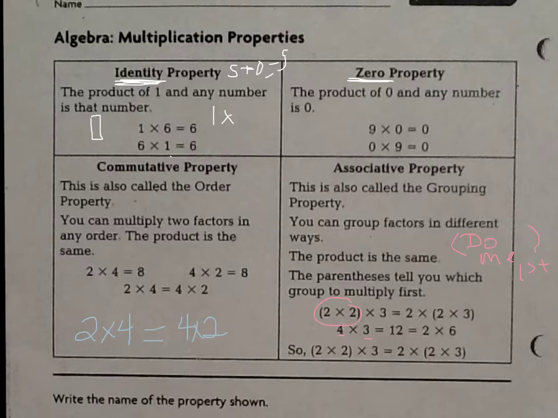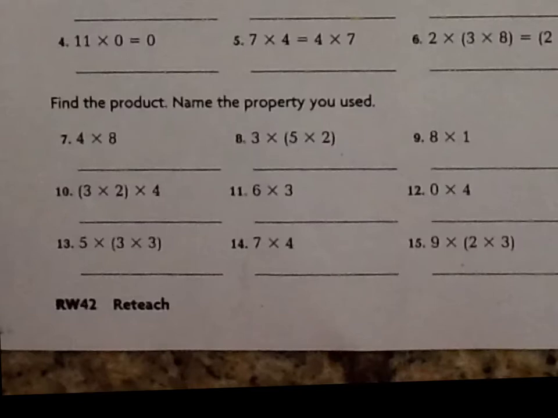On this side, you wouldn't do 2 times 2 first, you would do 2 times 3 first. That equals 6. 6 times 2 also equals 12. They're the same. So it doesn't matter what you decide to group to multiply first, it's going to give you the same answer.